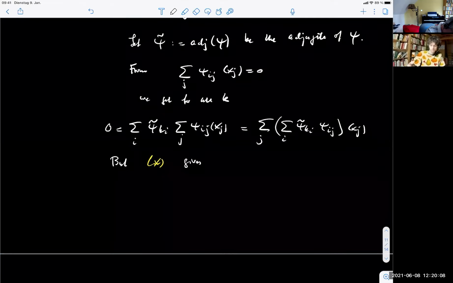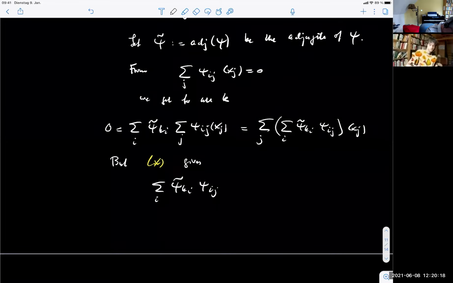Here I have a matrix product: the adjugate multiplied with the matrix psi. I get the entries kj. So this is delta kj times the determinant of psi.